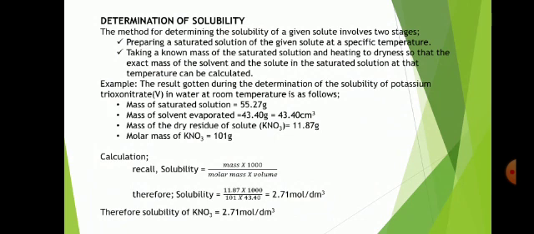That gives us 2.71 moles per dm³. Therefore, the solubility of potassium trioxonitrate(V) at room temperature is 2.71 moles per dm³.